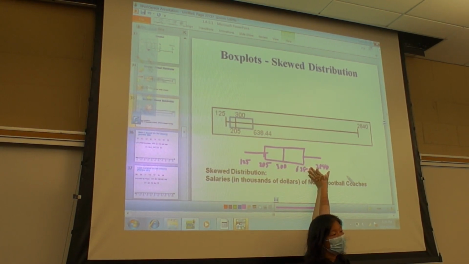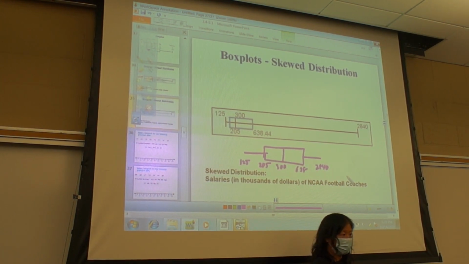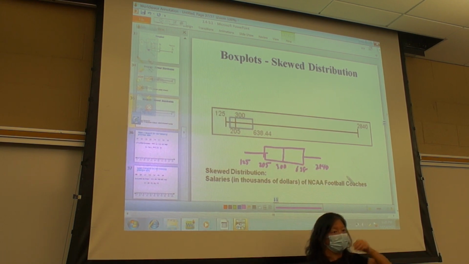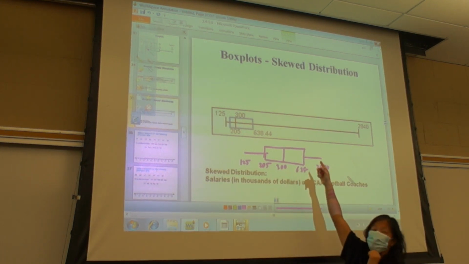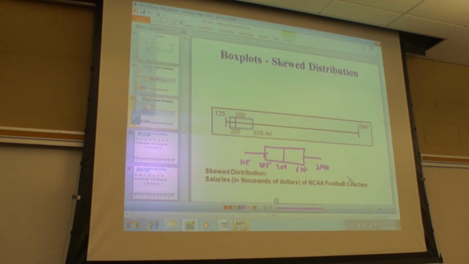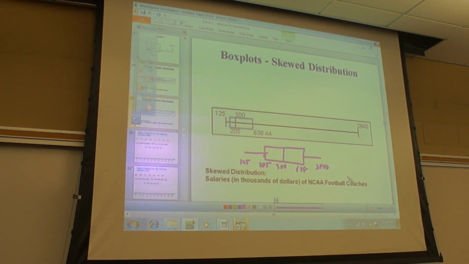That's not the same. 95 does not equal 2200, right? So this is completely wrong. This does not represent the data in the picture above at all. So don't do that. That's big, big trouble.